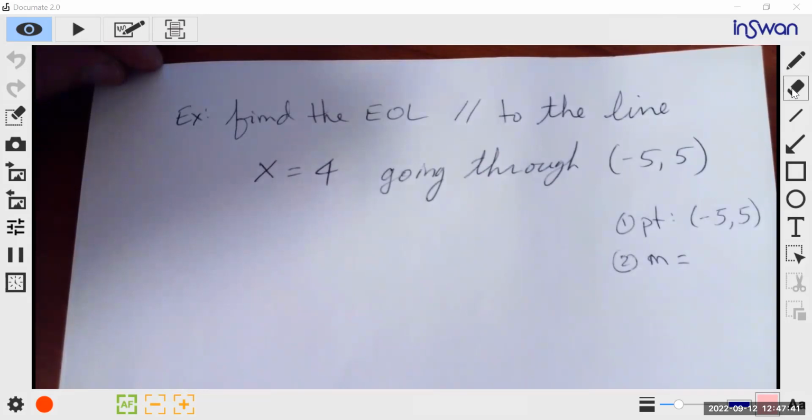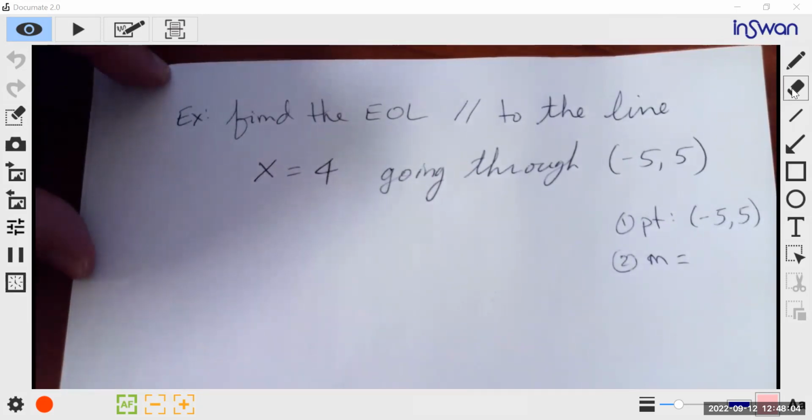I said we have to find it, don't we? Yeah, that would help. How soon they forget. It's undefined. What is? Slope. Very good.